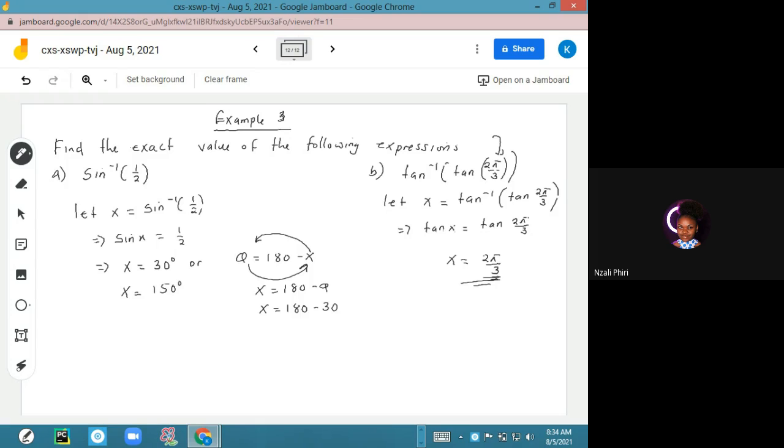So what you're saying is, if you haven't been given the interval, both are the answers. But if we're given a restriction, we'd pick one of them, depending on the restriction, right? If the restriction involves both of them, you present both of them. If you present one, you lose marks for the other.